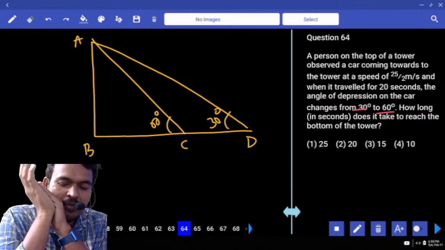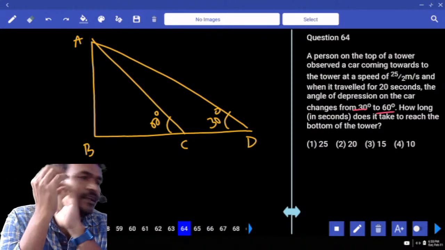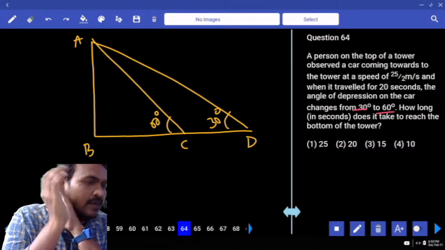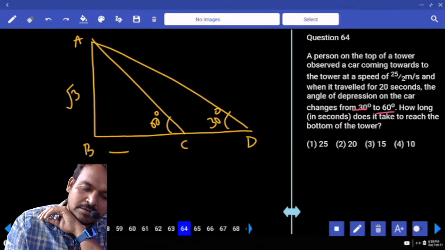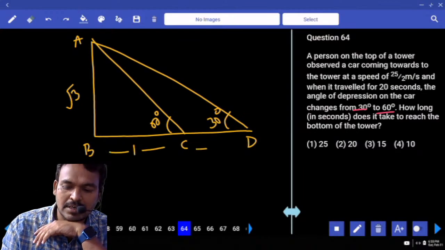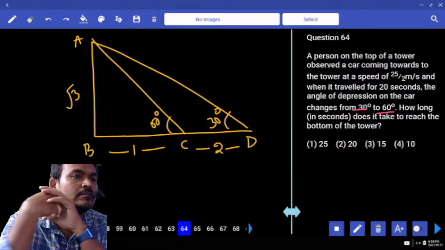If angles are given 30 and 60, then directly we write the sides ratio. What is the AB side? √3. What is the BC side? 1 part. What is the CD side? 2 parts.